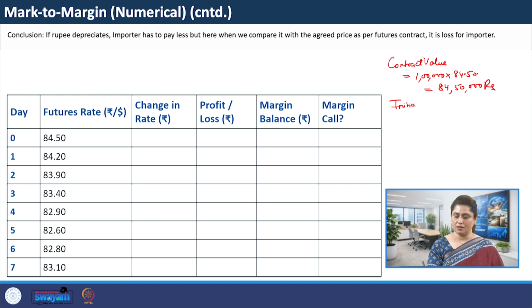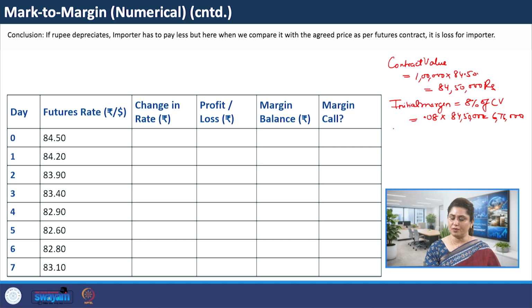Now what is the initial margin? We have been given the initial margin as 8% of contract value. This is equal to 0.08 into 84,50,000, giving us 6,76,000.